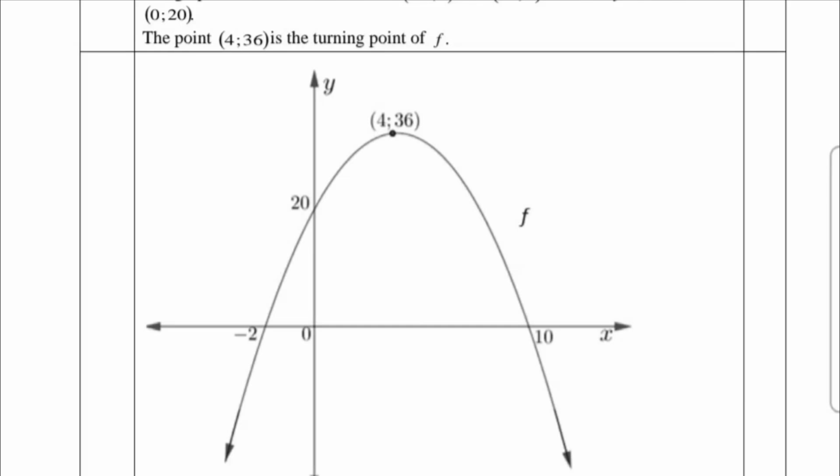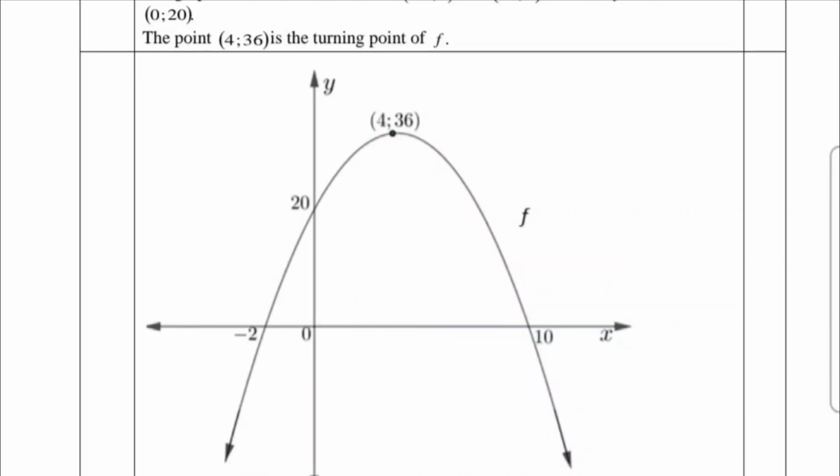However, there can be no roots if this graph is shifted down. But if the graph had to be shifted down 36 units, the turning point itself would lie on the straight line. But that's not what we want.